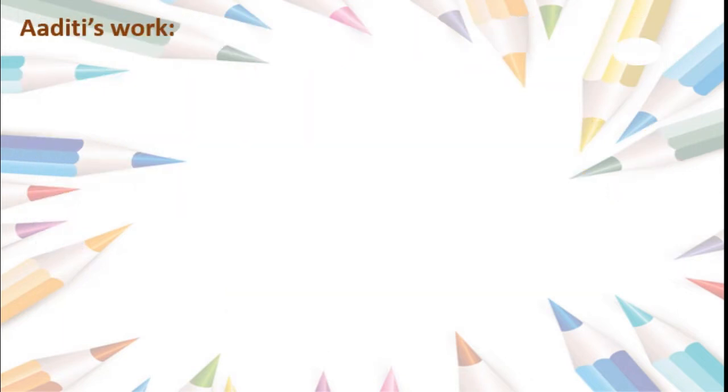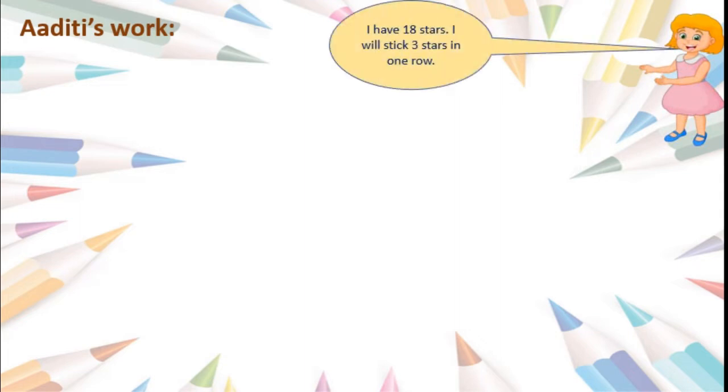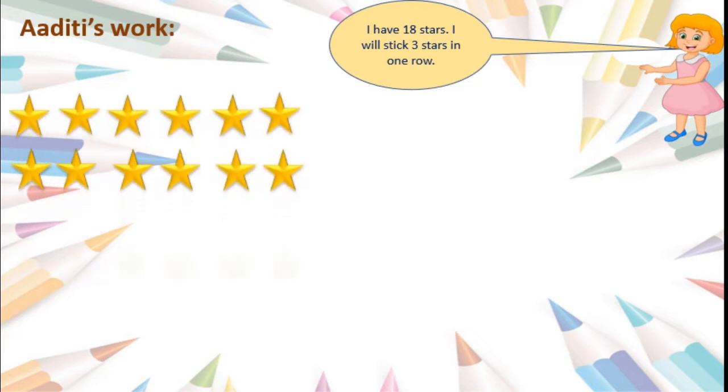Aditi's work, what she has done, we'll see. This is Aditi. What she is telling, I have 18 stars. I will stick 3 stars in a row. We will see how she will stick the stars. These are 18 stars given by the teacher and Aditi will stick 3 stars in one row.